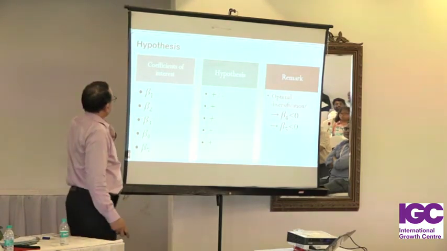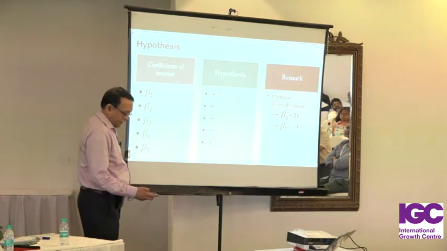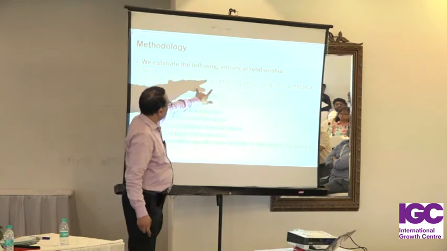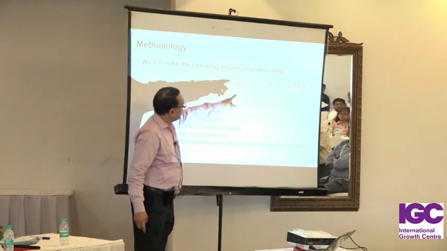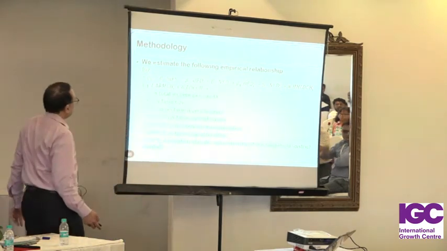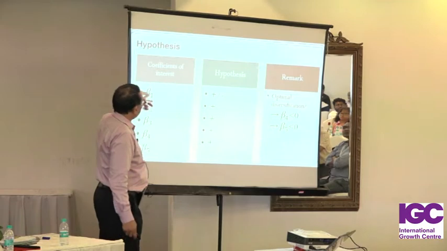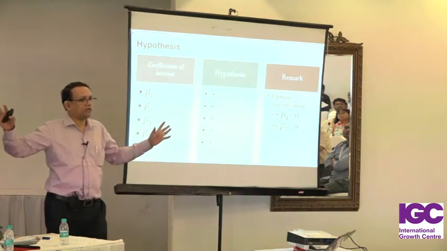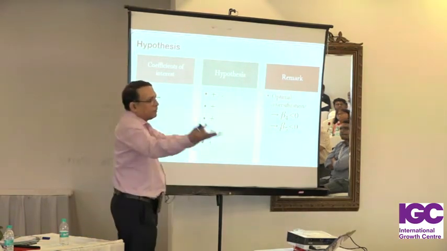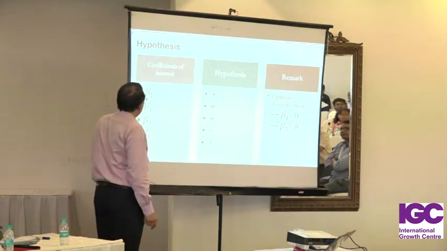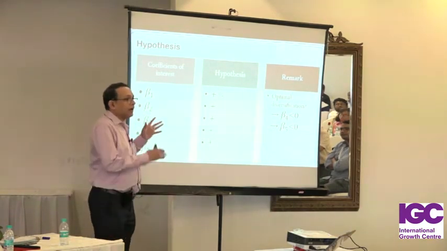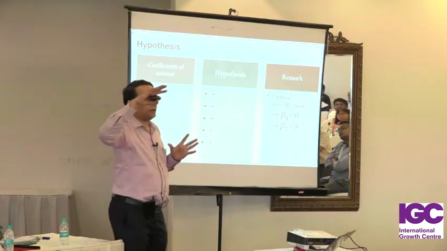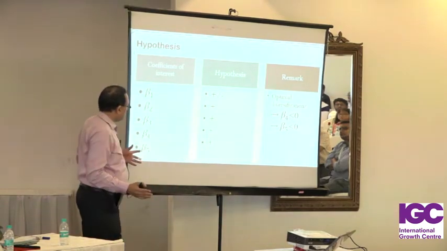Now, our hypothesis concerns beta 1, beta 2, 3, 4, 5. Beta 1 is farm size, 2 and 3 are off-farm and non-farm, 4 and 5 are the quadratic terms. For farm size and income, we don't know whether it is plus or minus. What is the relationship? I don't know. Whatever comes, comes. For beta 2 and beta 3, as diversification increases, we expect a positive impact, but there is an optimal level of diversification.